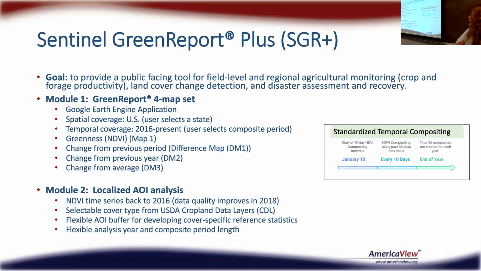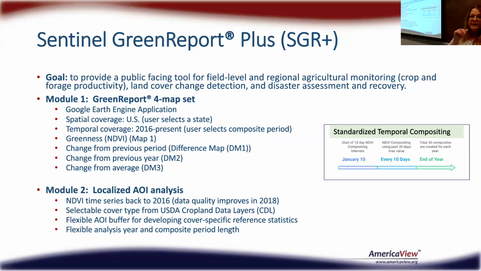Currently, this has been a multi-year endeavor because the funding has been kind of low. We developed the Sentinel GreenReport, and we call it Plus because we built some enhancements along the way. It's an online Google Earth Engine application, and the goal is to provide a public-facing tool for field level and regional agricultural monitoring. That could be looking at crop and forage productivity, land cover change detection, and also disaster assessment and recovery.